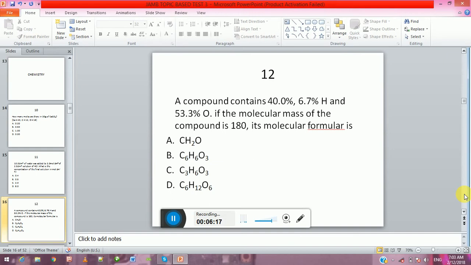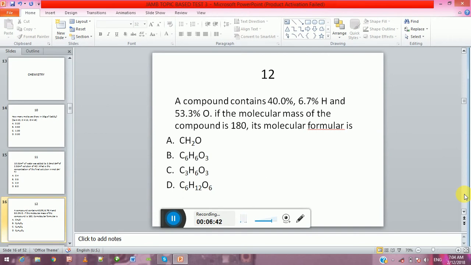Take note, carbon is 40.0%, hydrogen 6.7%, and oxygen 53.3%.